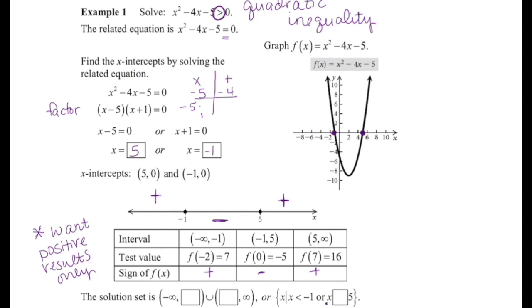So between negative infinity and -1, I'm going to shade here because this is where my graph is positive. When I hit -1 to +5, my graph becomes negative down here. And then we become positive again on this side. So we're going to shade over here as well.